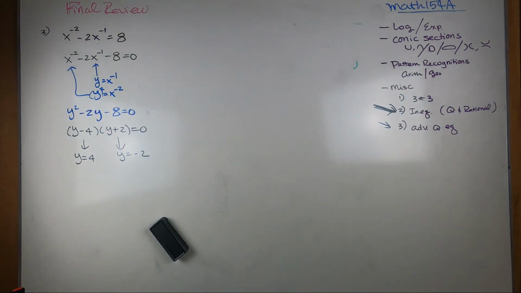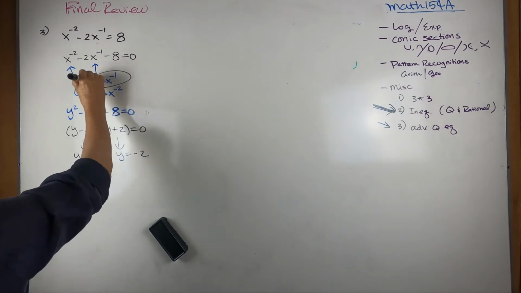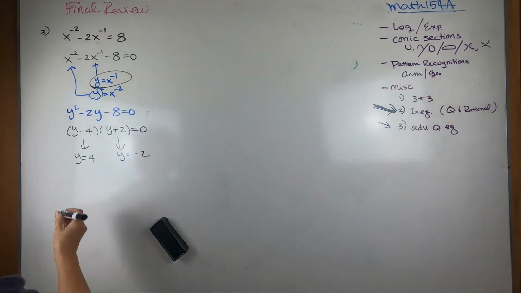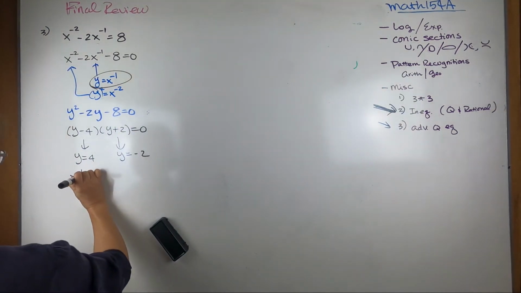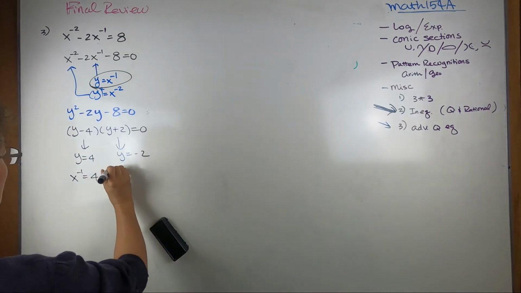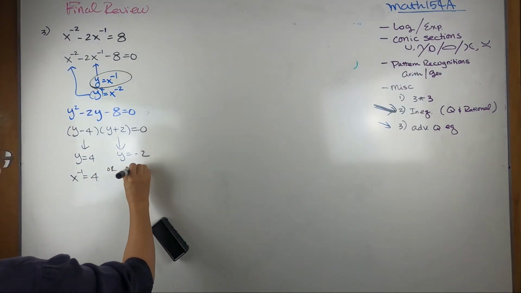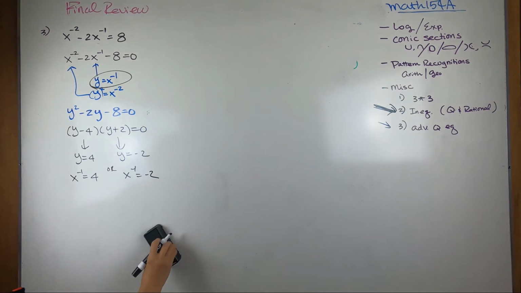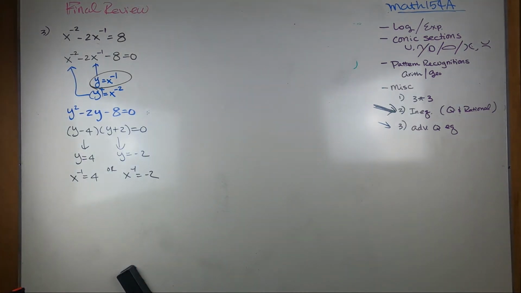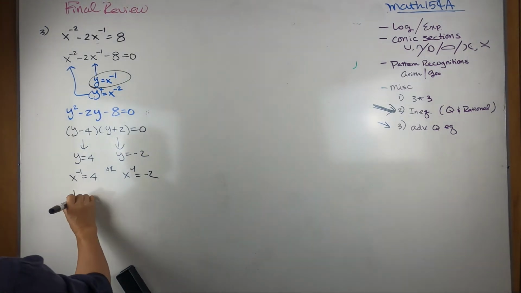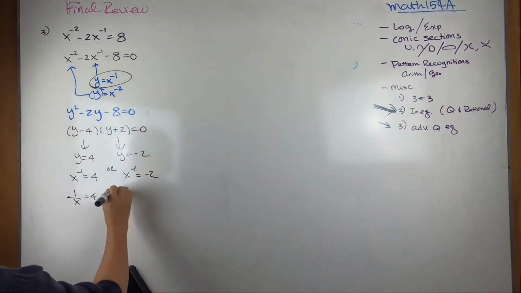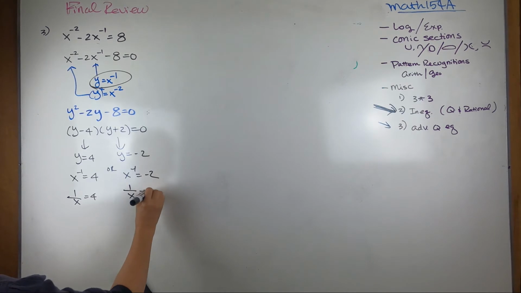Find the x. You have to put it back. y is what? x to the negative 1. So that means x to the negative 1 equals 4, or x to the negative 1 equals negative 2. Then we have to find the x. Then we say negative 1 power doesn't mean negative 1. It means what? Reciprocal. Is that right?